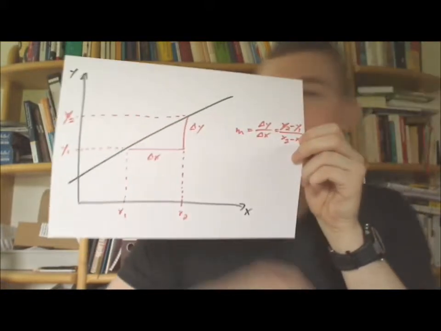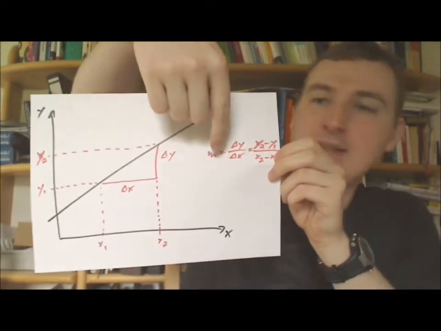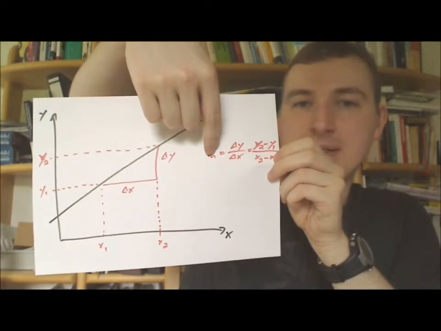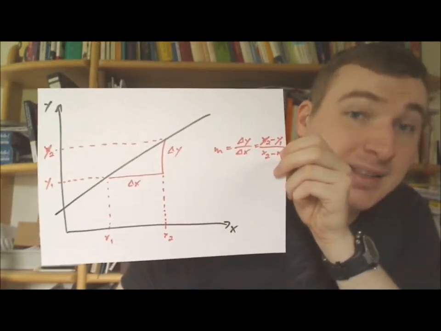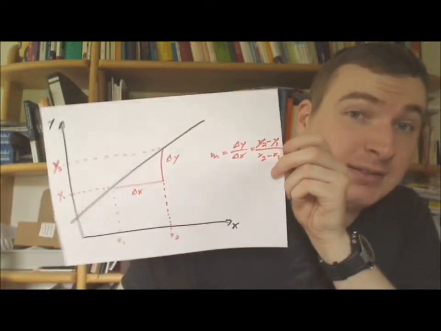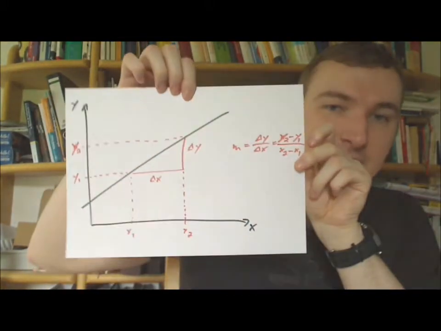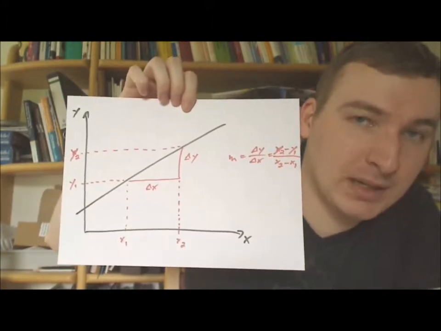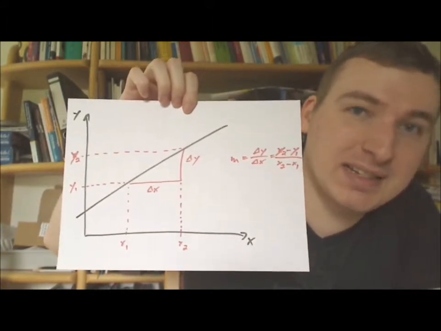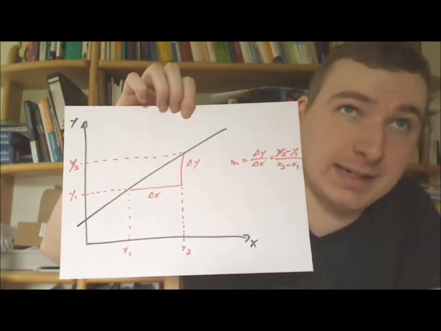Here you can see m is the slope, and you just say delta y divided by delta x. That is y2 minus y1 divided by x2 minus x1. This is how it works, nothing more. This is the slope of a linear function.